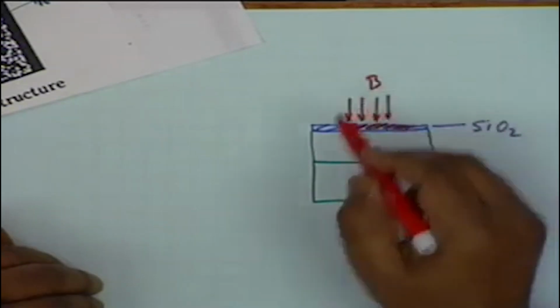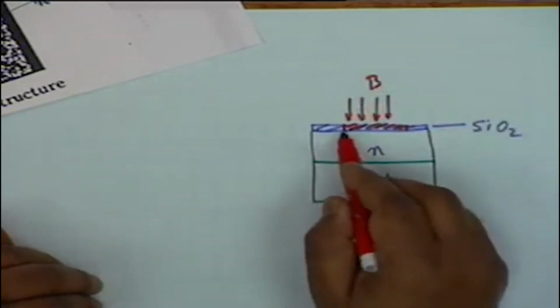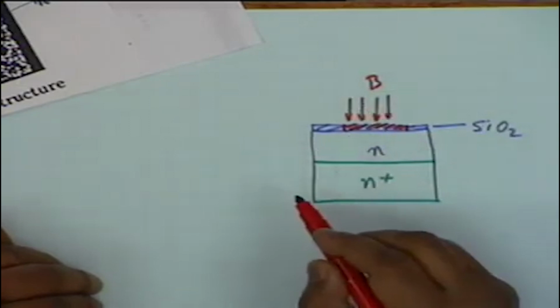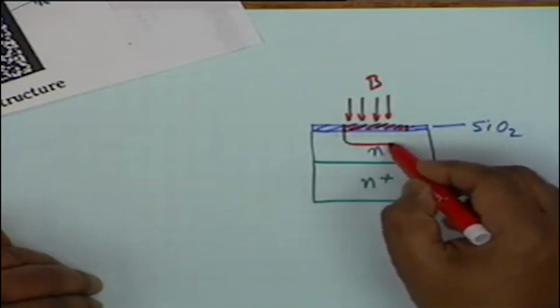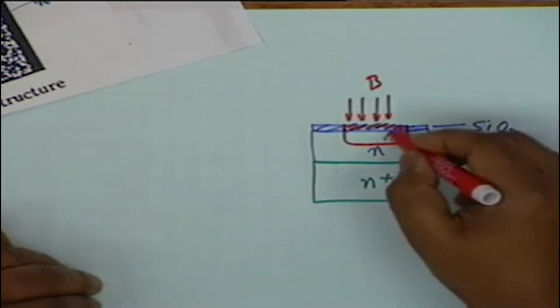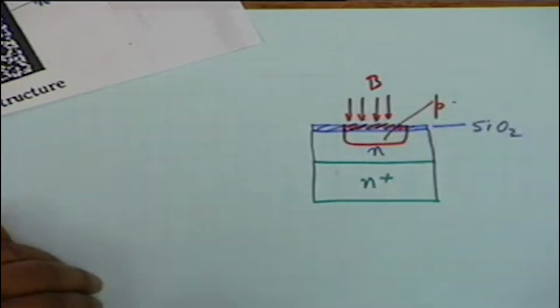Then this boron will not affect this portion of the N type region. What it will do is it will diffuse inside the N region and create what? A P region, alright.